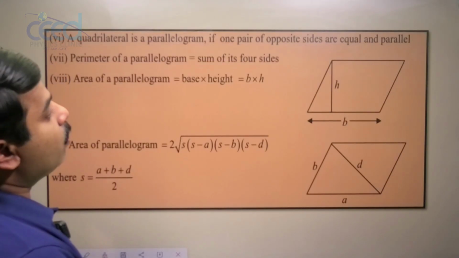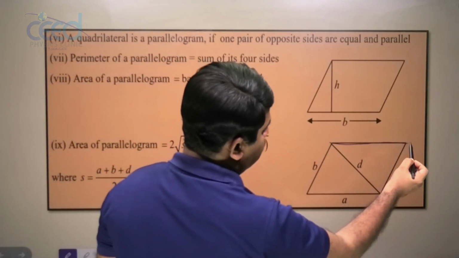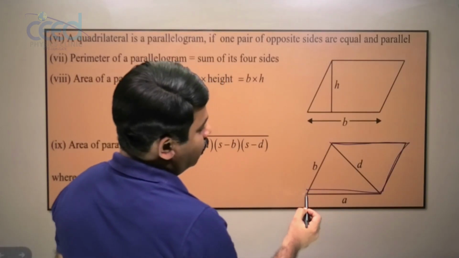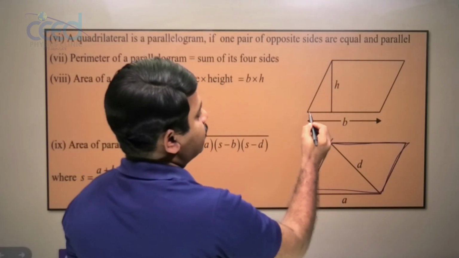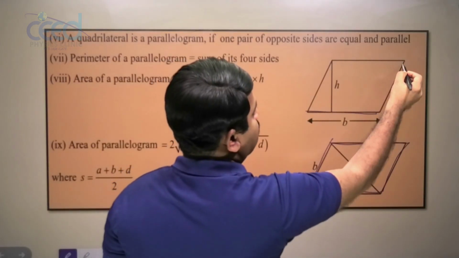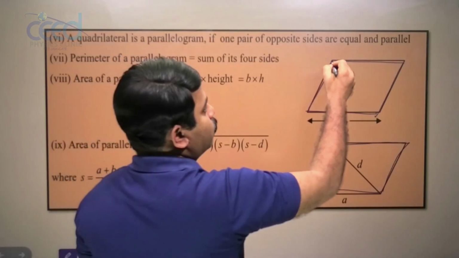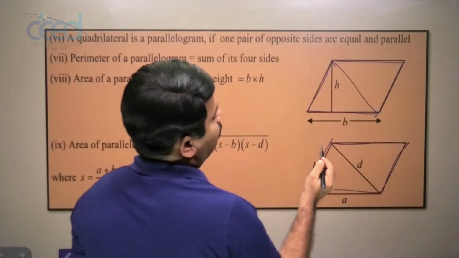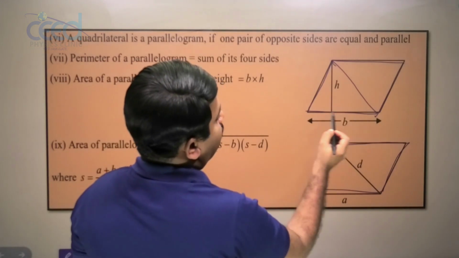Area of the parallelogram, we have already seen this is a parallelogram. Now suppose I draw a diagonal. What is this triangle's area?